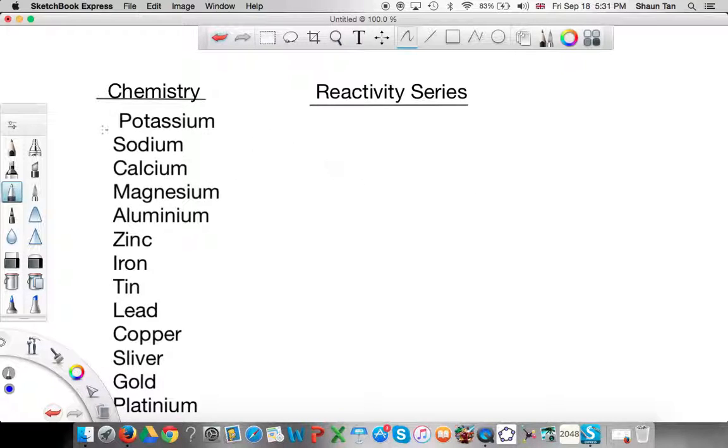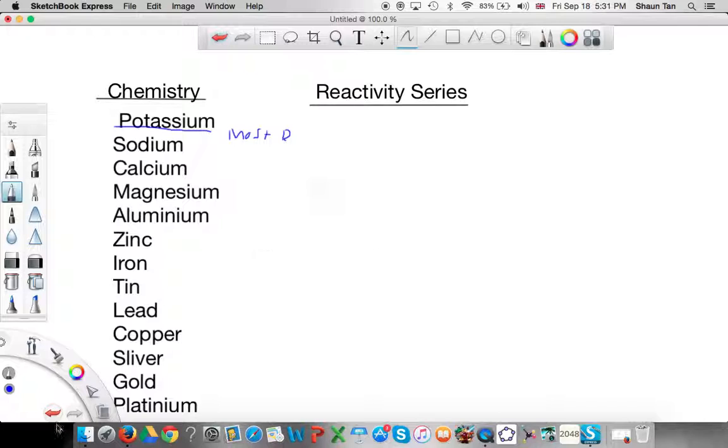the reactivity series, as I said, ranks metals. So, let me just write that for you. Up here, this point here, potassium, is the most reactive. I'll just put R for reactive. Hopefully you guys know what I mean.